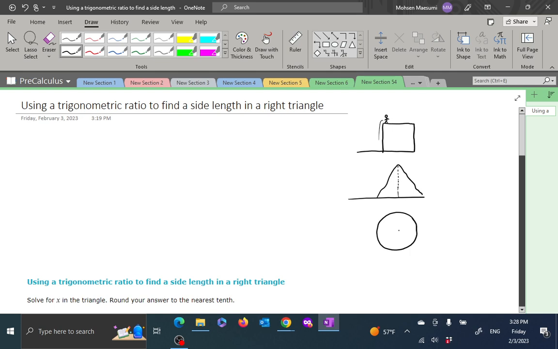So let's again do a quick review of the trigonometric ratios we have.